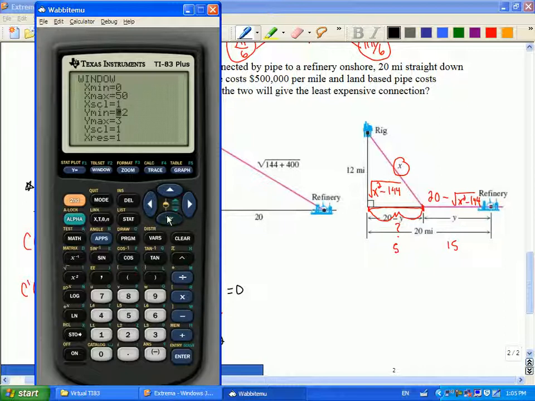And I only need to see where it's equal to 0 because that's the critical numbers I'm looking for here. And there it is. That's the point I'm interested in right there. So maybe I'll zoom in on that just to make the calculation a bit easier to deal with. So let's zoom in.